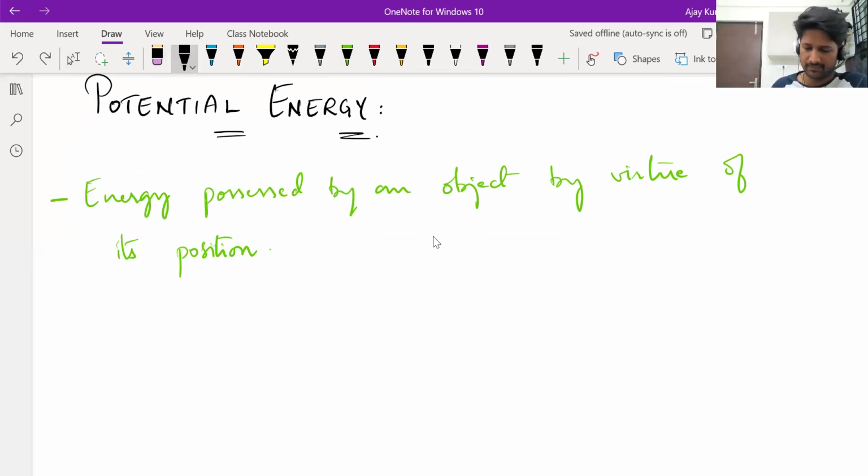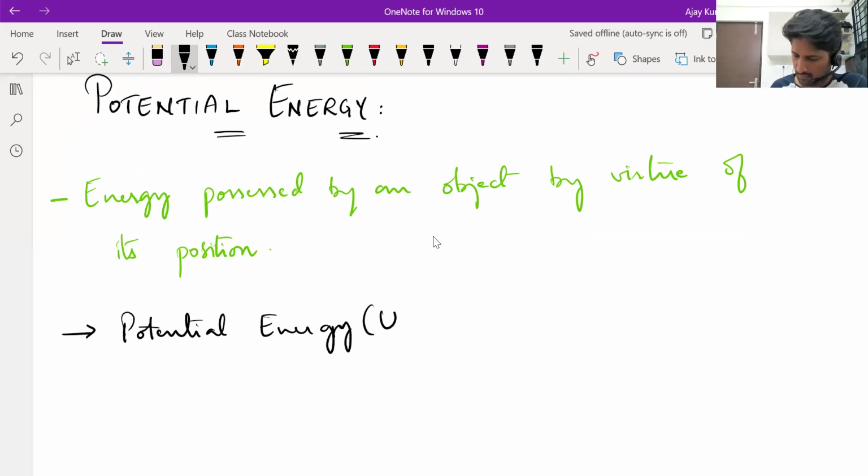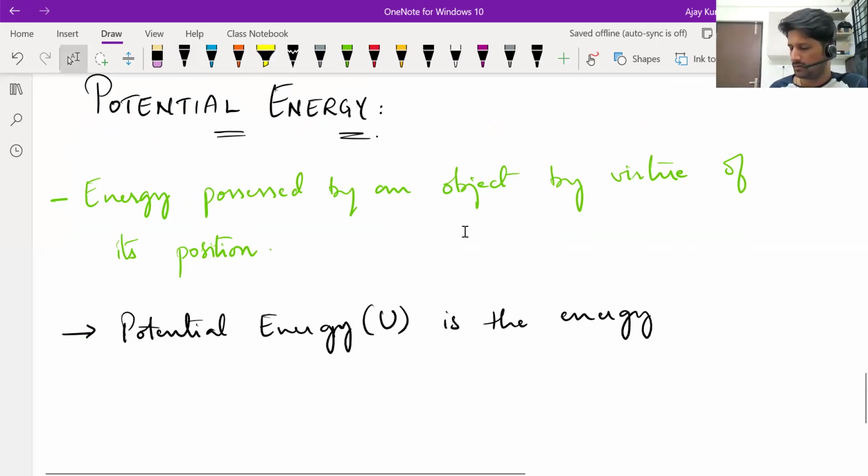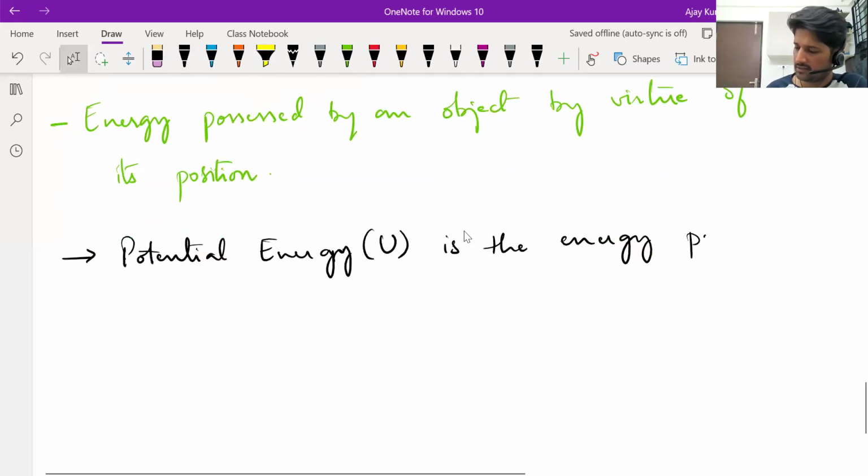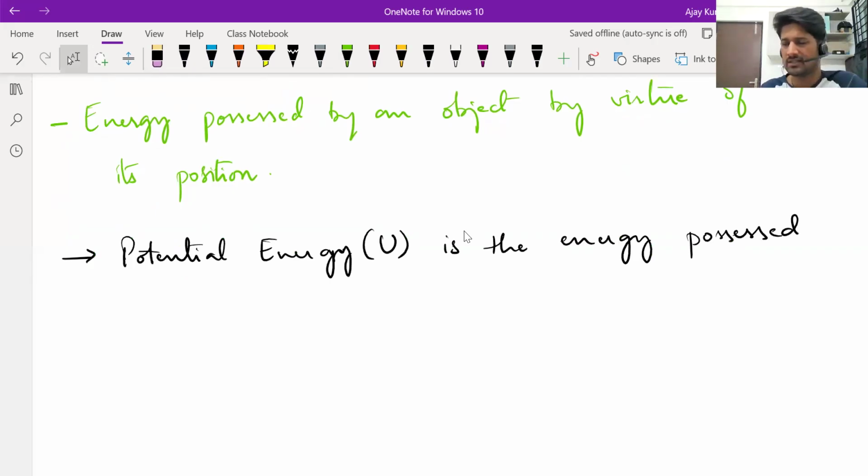So basically, potential energy, which we denote by the symbol U, capital U, is the energy possessed by a system actually, not one object. A single object or a single particle will never have potential energy.